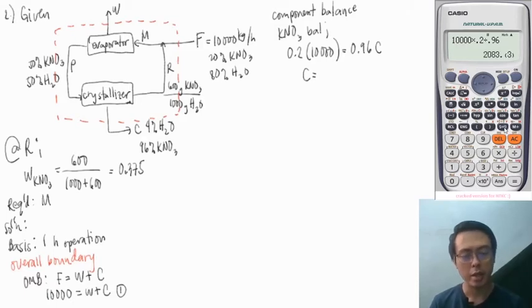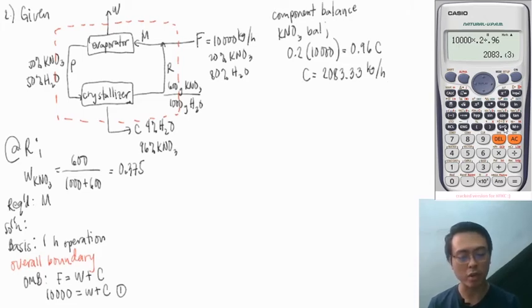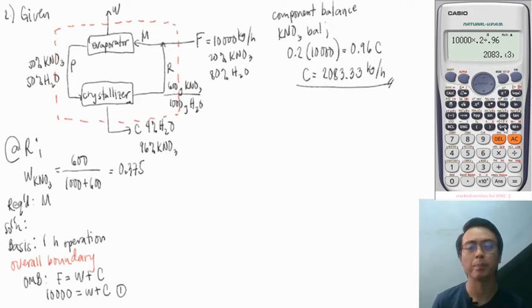So C is 2083.33 kilograms per hour. I will not yet be applying significant figures, no? So we will just apply significant figures to the final answer, which is M. Okay, so we are done with the overall boundary.